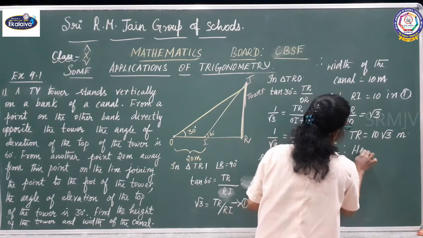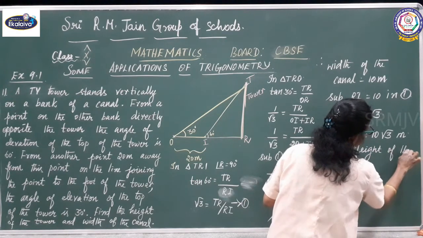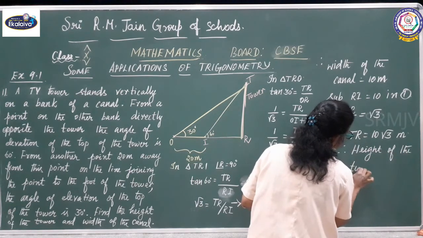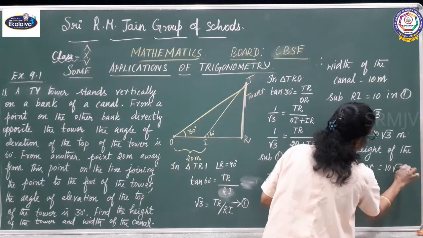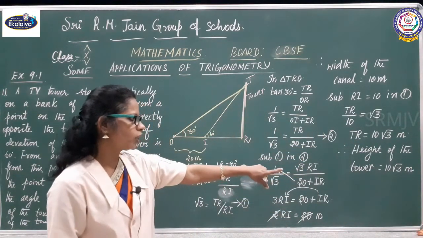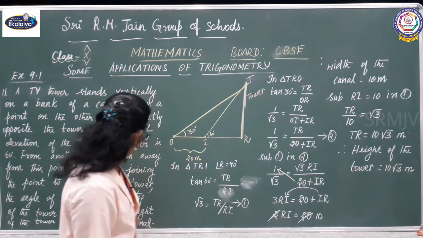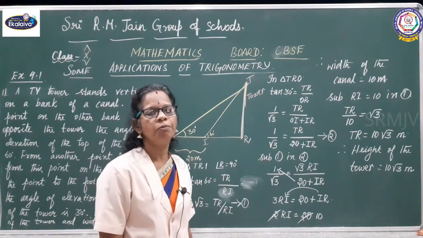Therefore, height of the tower equal to 10 root 3 meter. Height of the tower also we got it as 10 root 3. They ask what is the width of the canal. Width of the canal is 10 meter.